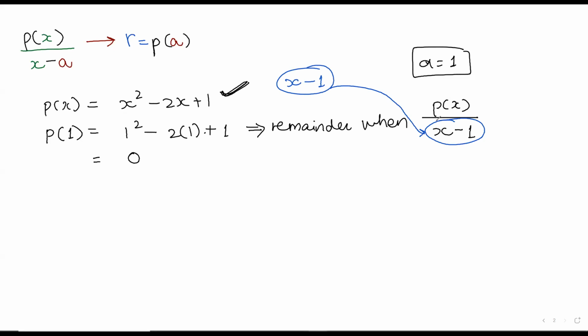Because the remainder is coming out to be 0. What can we say about these two polynomials? Ma'am, it's a linear polynomial. That's right. x minus 1 is a linear polynomial because its degree is 1.